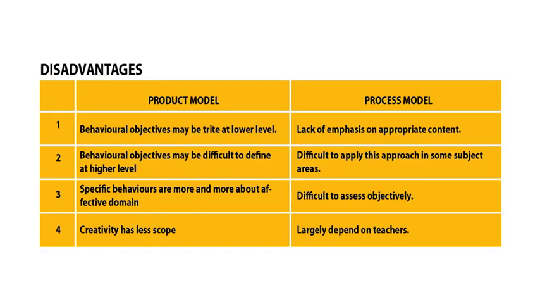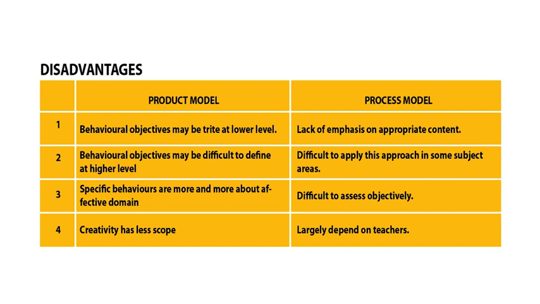Disadvantages: in the product model, behavioral objectives may be tried at a lower level, but lack of emphasis on appropriate content is one of the disadvantages in the process model. In the product model, behavioral objectives may be very difficult to define at a higher level of education, but in the process model it is difficult to apply this approach in some subject areas.